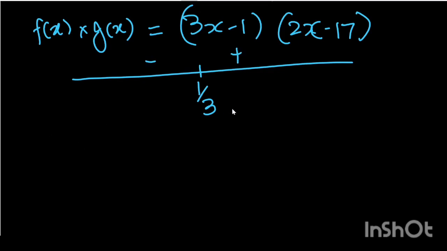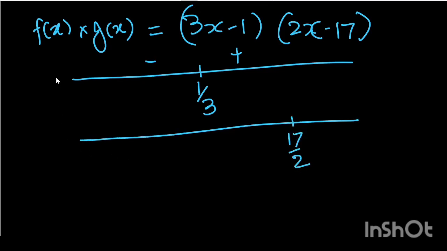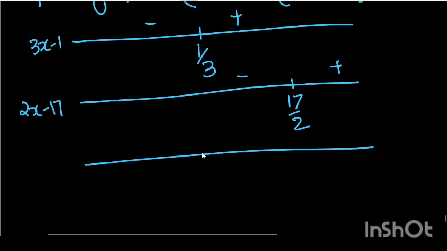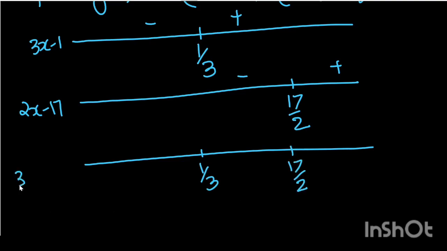And for x equals 17 by 2, for 2x minus 17, this is what we did, plus and minus. Now if I plot both of these points on the same number line, guys, I will plot 1 by 3 and 17 by 2. Now I am interested in their product. What is the sign of their product, 3x minus 1 into 2x minus 17, guys?